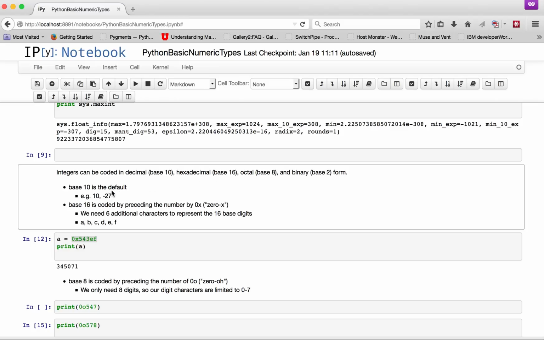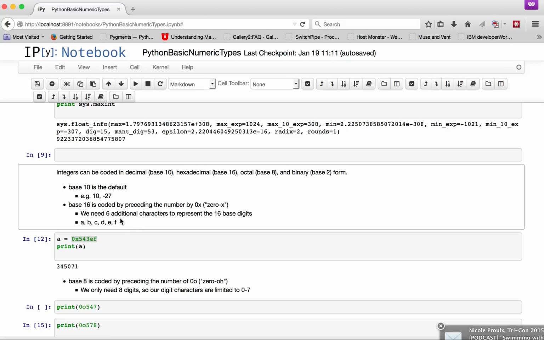So base 10 is the default. If I type in 10 or negative 27, these are decimal numbers in the sense that we're familiar with. If I want to type in a hexadecimal number, a base 16, I start by typing the sequence 0x. So if I have 0x followed by something, the computer expects this to be a hexadecimal number.